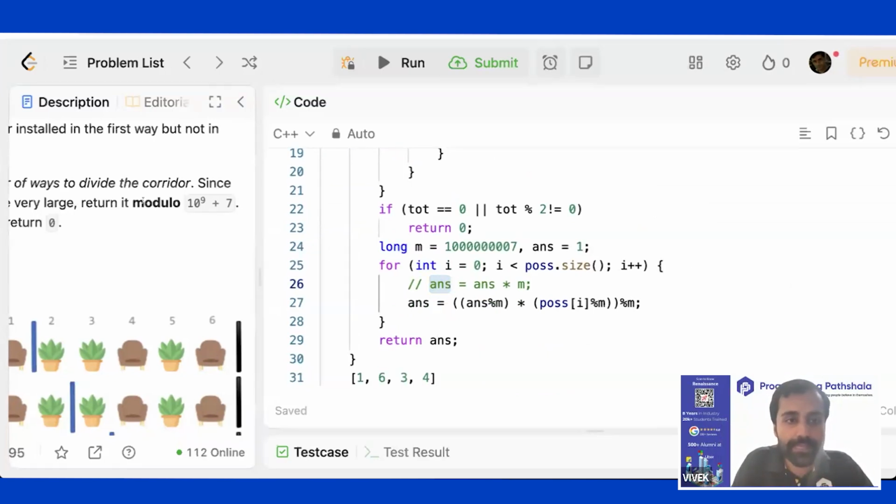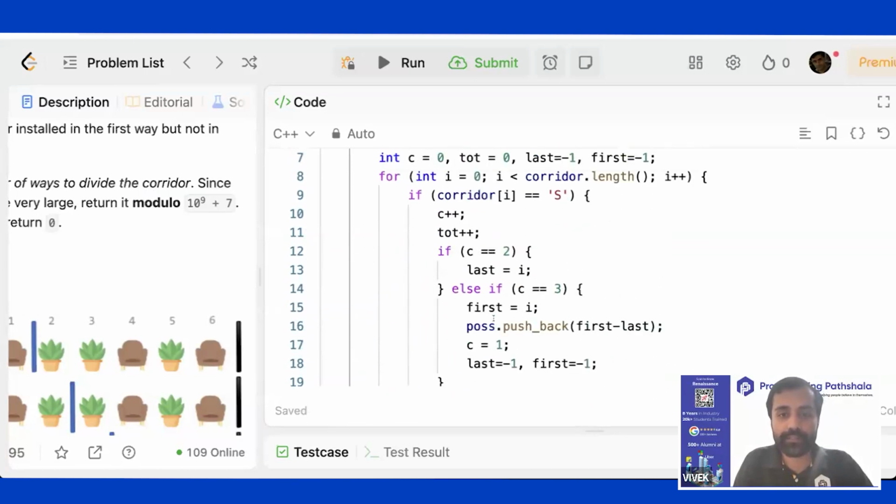But because the question is asking me to return the answer modulo 10 raised to power 9 plus 7, I'll use modular arithmetic and say answer equals answer mod m into pos mod m, whole mod m. And then finally I'll return answer, job done.